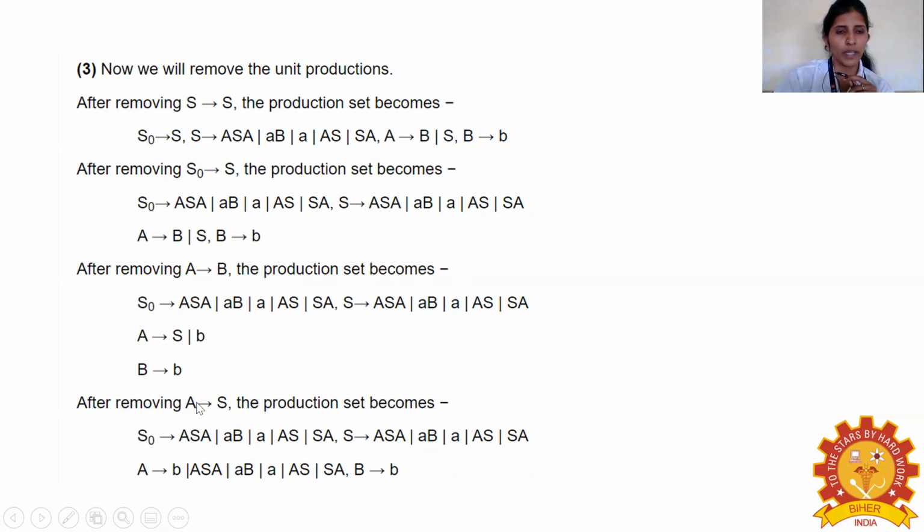After removing A to S, the production set becomes S naught to ASA or AB or A or AS or SA, and S to ASA; we again write the same production rule here also. Then A to B or ASA or AB. The same production rule applies here because it goes from A to S, so we write the same production rule here. Then B to B.